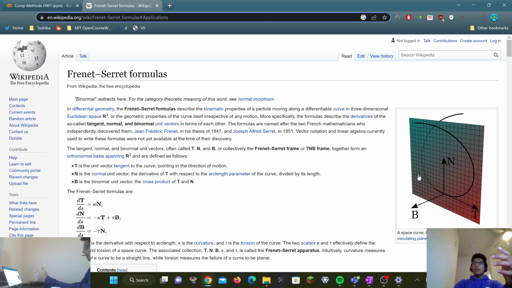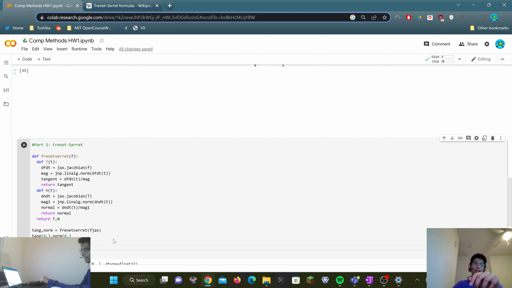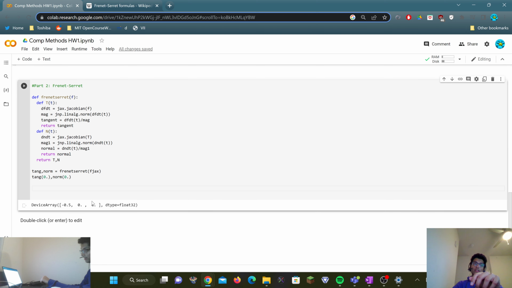All other combinations of cross products lead to vectors that share a plane with our helical curve, but the binormal vector does not, which is why we have to use t cross n. And to actually do this, it's pretty simple.